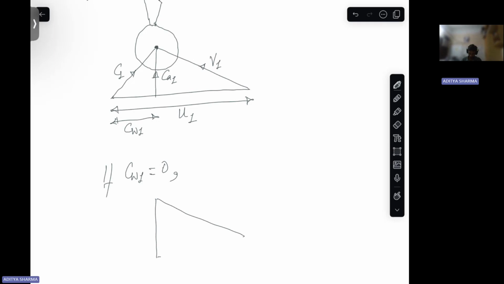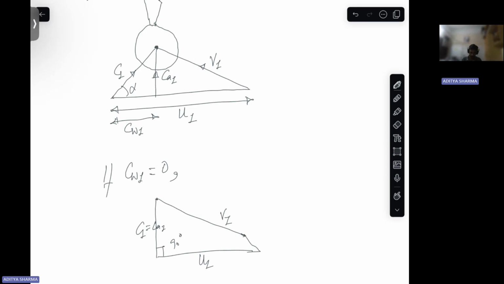It will become something like this. C1 equals Ca1, something like this. This will be 90 degrees, right?